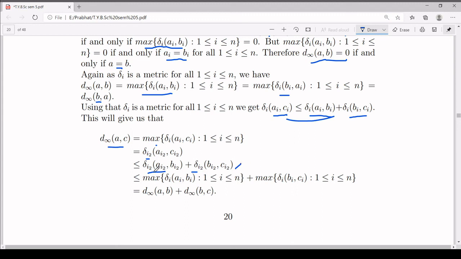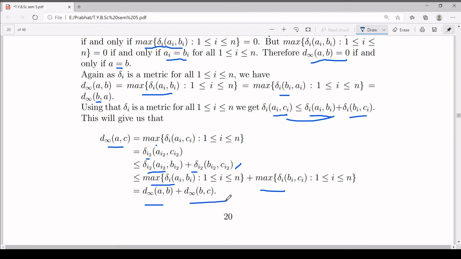Now, this delta_i2(a_i2, b_i2) is definitely going to be less than or equal to the maximum of delta_i(a_i, b_i), and this delta_i2(b_i2, c_i2) is going to be less than or equal to the maximum of delta_i(b_i, c_i). So what you can conclude is d infinity of AC is less than or equal to d infinity of AB plus d infinity of BC.